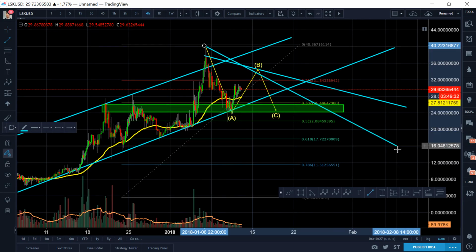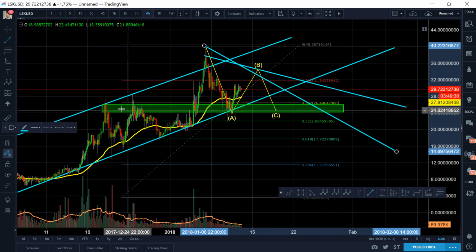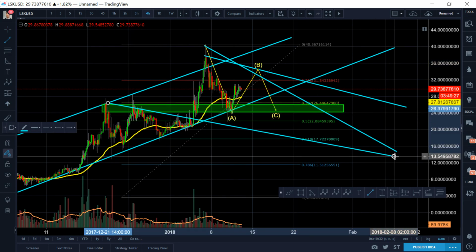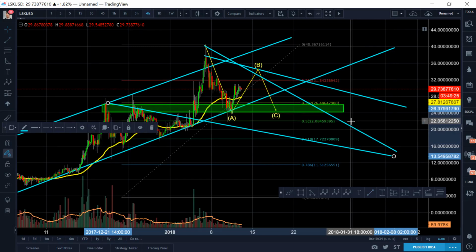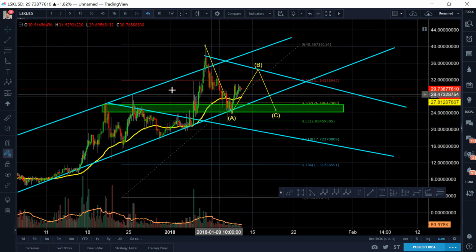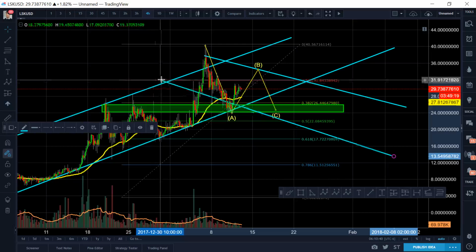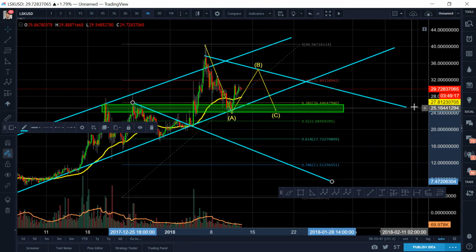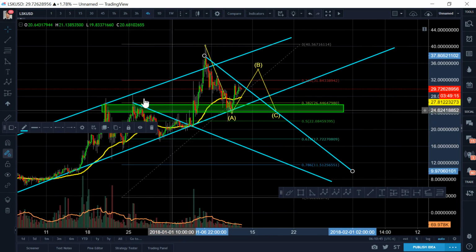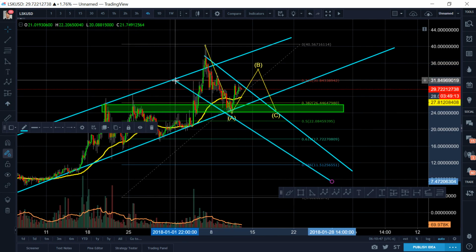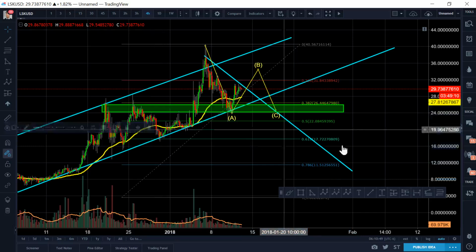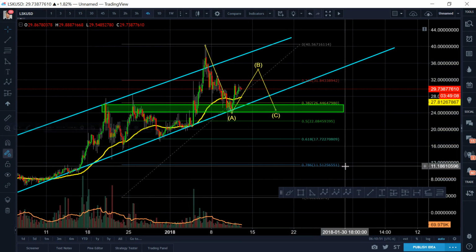Or not a wedge, it'll go into a channel first, like a channel like that, just using it as an example. And then if that sometimes doesn't work, if it's very parabolic, you might end up getting a wedge or something like that as well. So there's a very limited amount of shapes that can happen.